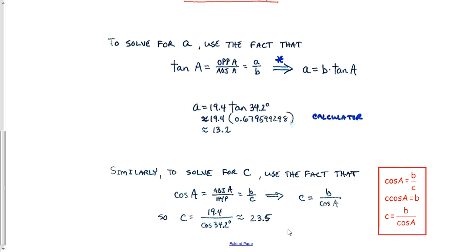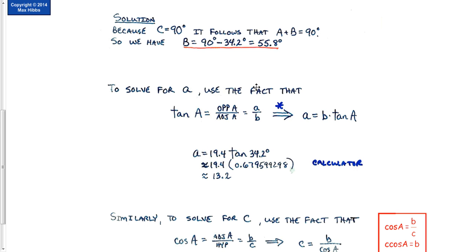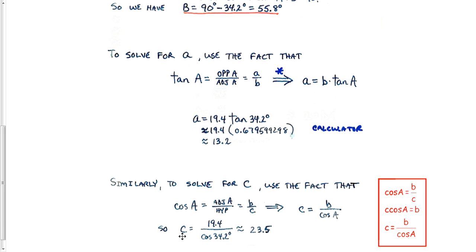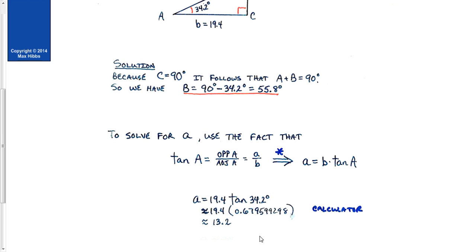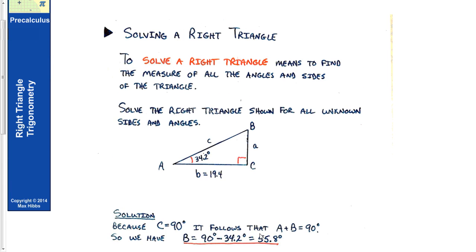So now we have accomplished what we set out to do. We know the measure of angle B, that was one thing we needed to know. We know the measure of side A. And lastly, we know the measure of side C, the hypotenuse. So we've completed the solution to this right triangle.